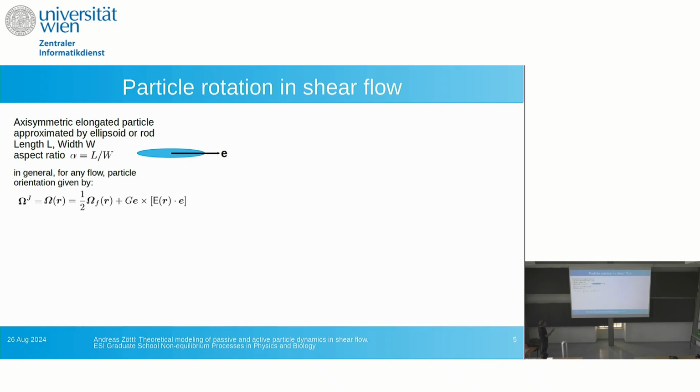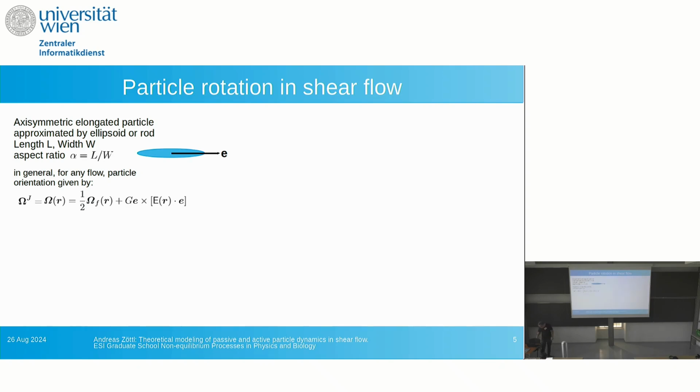Yes, and we have now this factor G, and this is related to the aspect ratio of a particle. When you have some length L and some width W, you get this aspect ratio. When you have elongated particles, the aspect ratio goes between 1 and infinity.